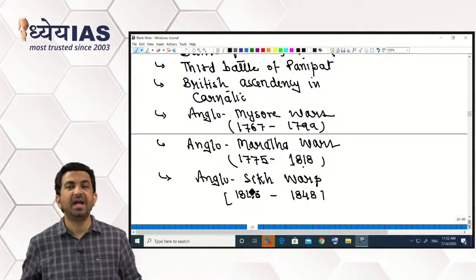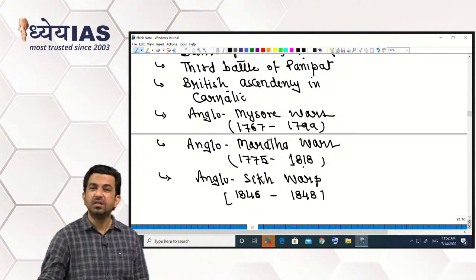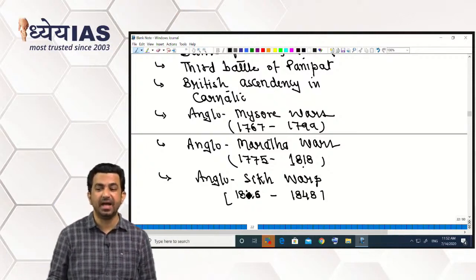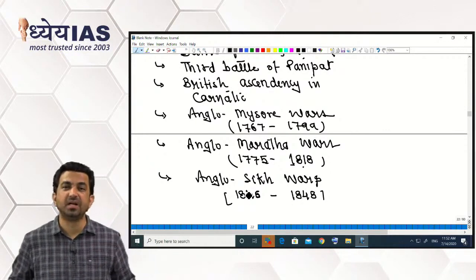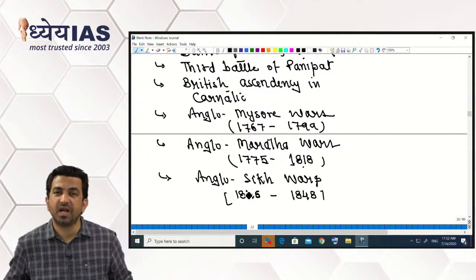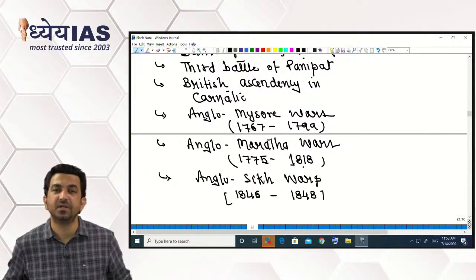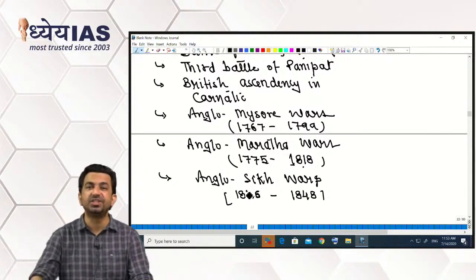And the remaining one-third territory of India was kept under the control of Raja Rajwadas and Nawabs, called Indian princely states, subordinates of the Britishers.